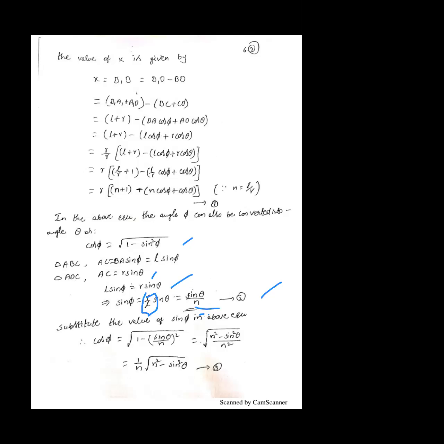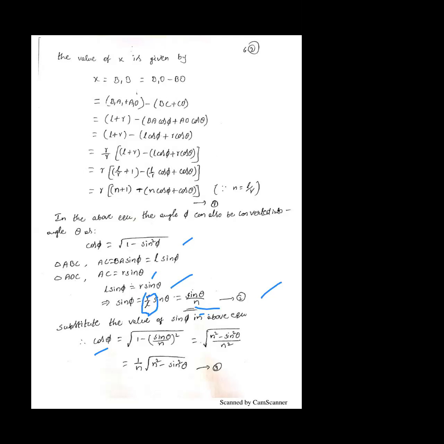Already we have written an earlier known equation, that is cos pi equals square root of 1 minus sin square pi. Now we will substitute the sin pi value in our equation. Therefore cos pi equals square root of 1 minus sin theta by n whole square.